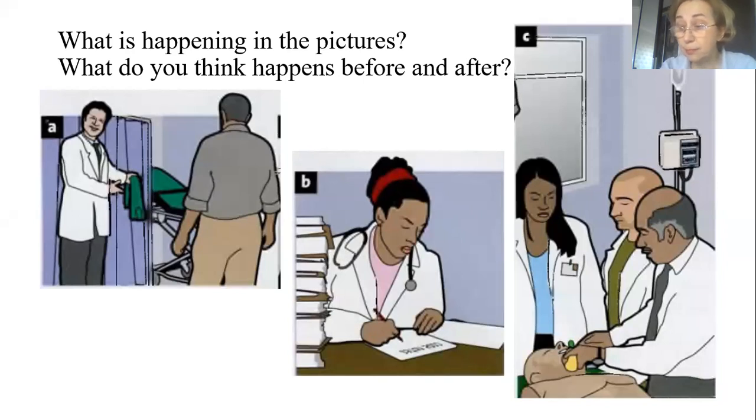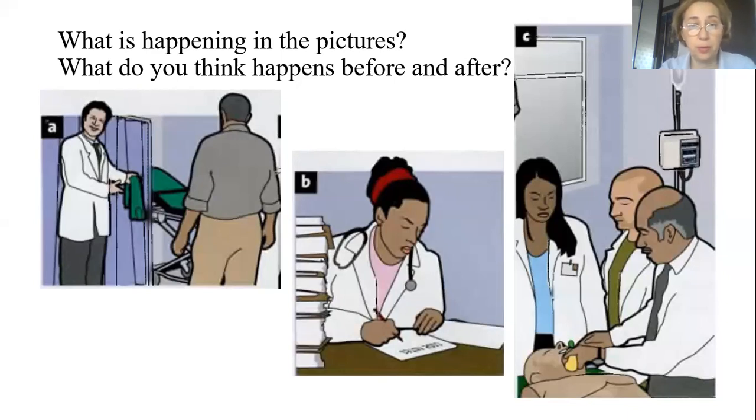You see the doctor is taking records, or maybe he's also writing, maybe the doctor is prescribing a medicine to the patient. Then after that, the patient will head down to the pharmacy to get the medicine.